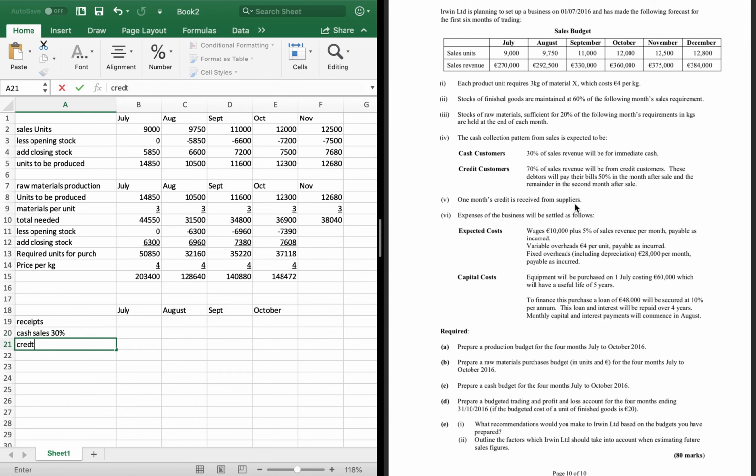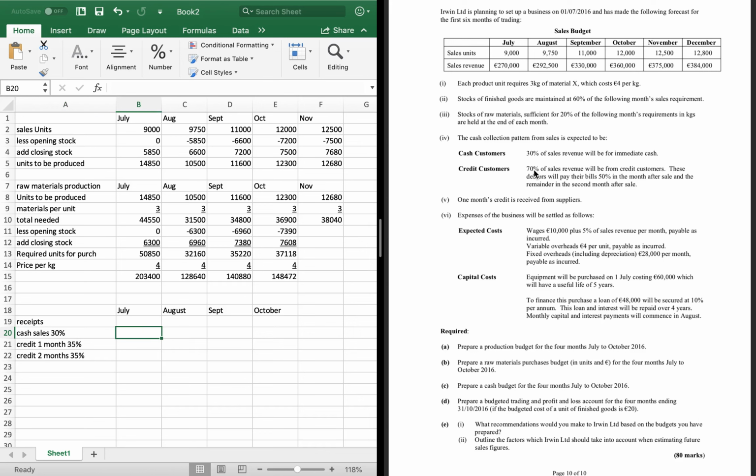Then we've credit sales, which is 70%, so half of 70% is 35%, and the remainder will also be 35%. So because there's no discount, that should add up to 100. Now again, it says 70% here, 50% of the month after sale. It's not 50% and 20%, it's 50% of 70%, which is 35%.